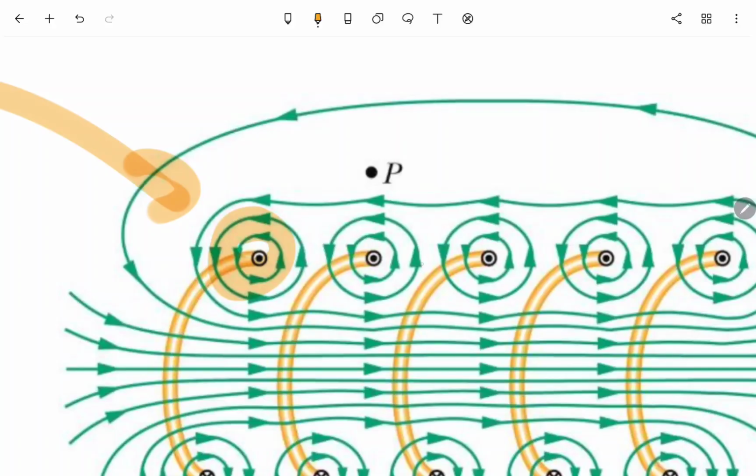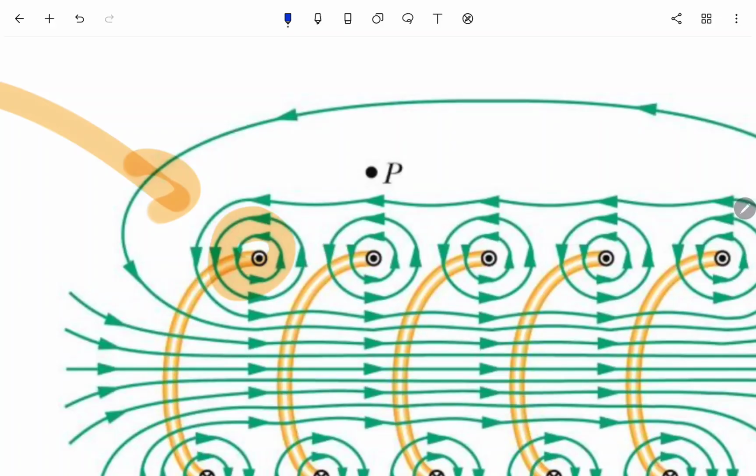So this concentric circle will only occur when it is close to one of the turns. In the middle point, this one is pointing upward and this one is pointing downward, so at the very middle point between the two turns, it will be a perfect zero.